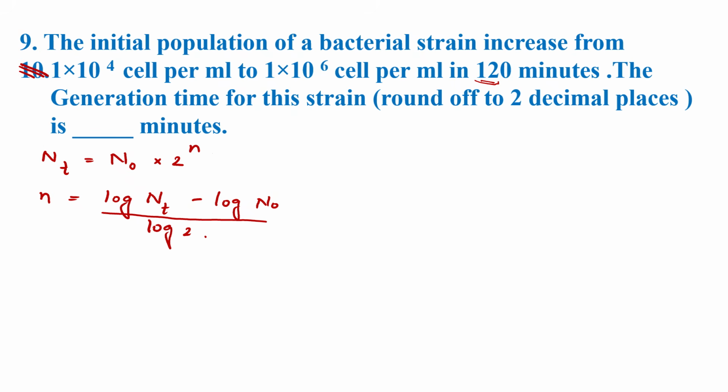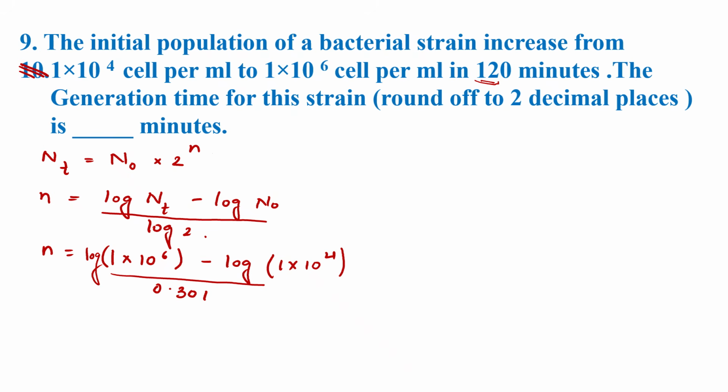So we'll put that value. So n is equal to log Nt. It is given that 1 into 10 to the power 6, log minus log 1 into 10 to the power 4, by log 2, which is 0.301. We'll just calculate it.